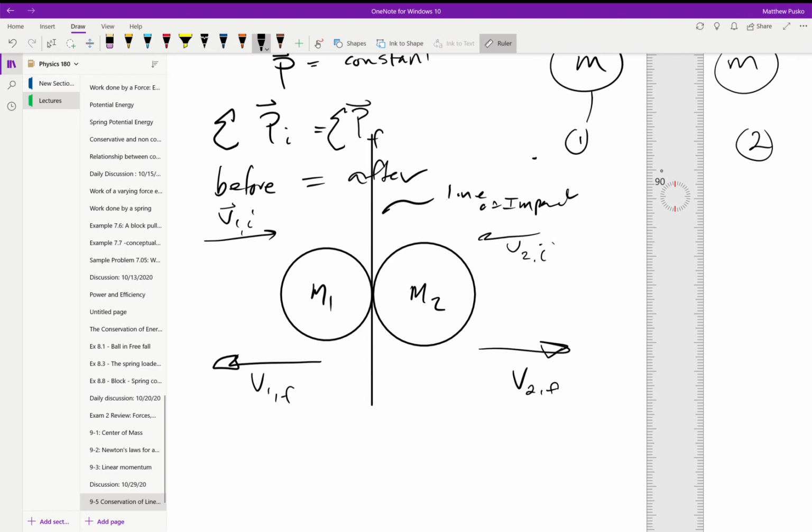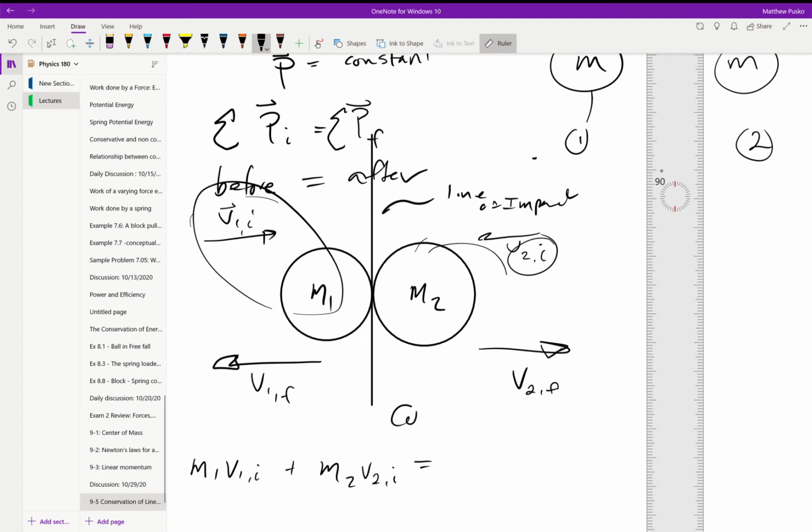I recommend doing full subscripts on this for the particle number and the initial and final state. Real easy to lose it in the algebra. So we can say that the mass times the velocity, or its momentum, m1 v1 initial, plus whatever this one has for its momentum, m2 v2 initial.